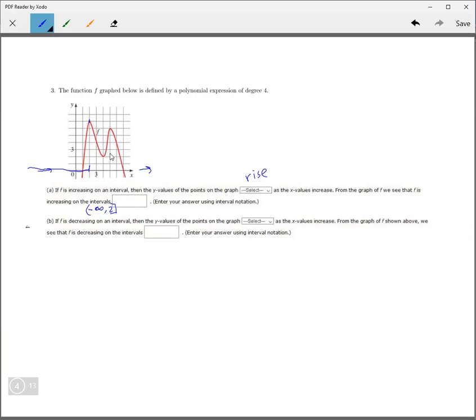Now from 2 to this next point, which is 4, it's decreasing, it's not increasing. But from 4 to 5, it's increasing as you go from left to right, as x values are increasing. So I'm going to go union 4 to 5.